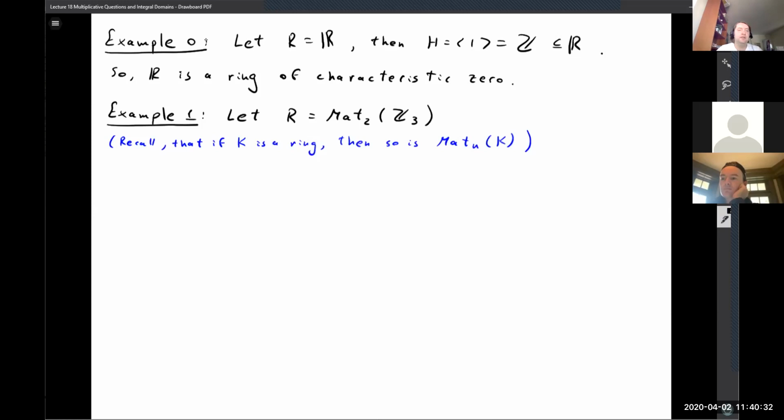Okay, so this ring is unital. So this ring has a unity. Let's denote it by, I don't know, solid 1.